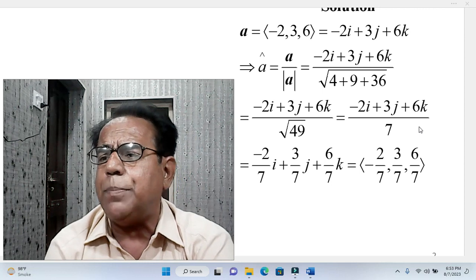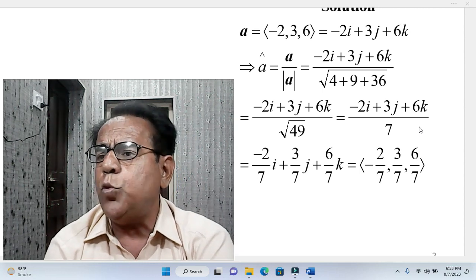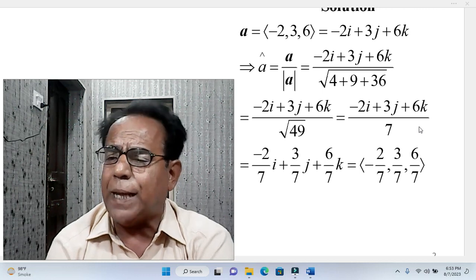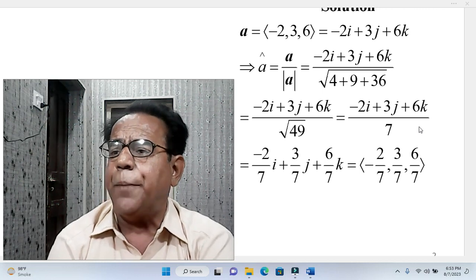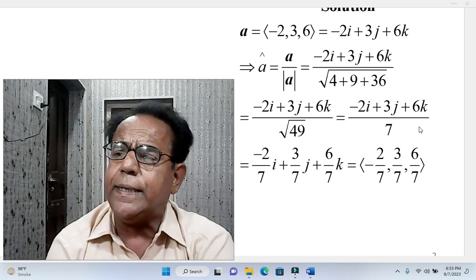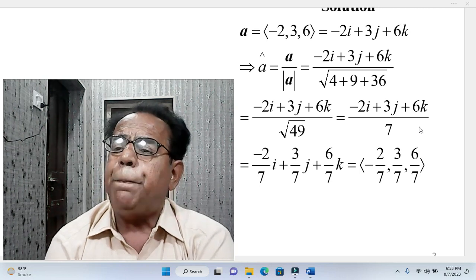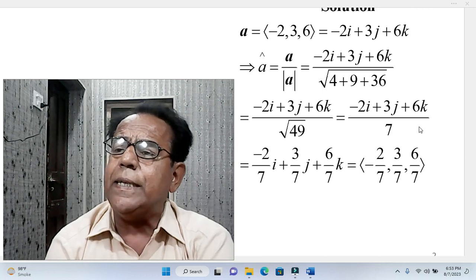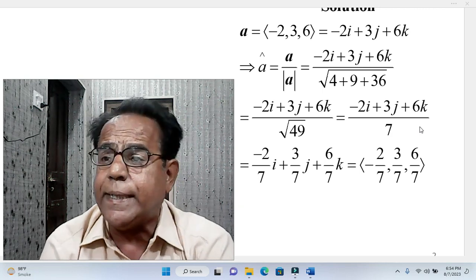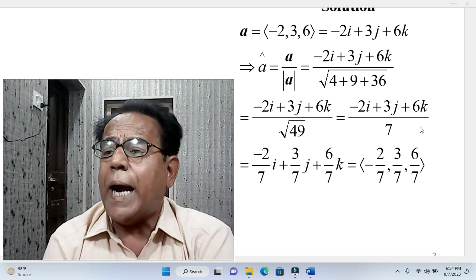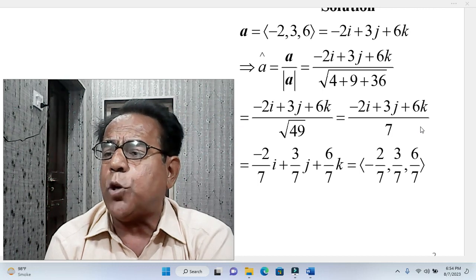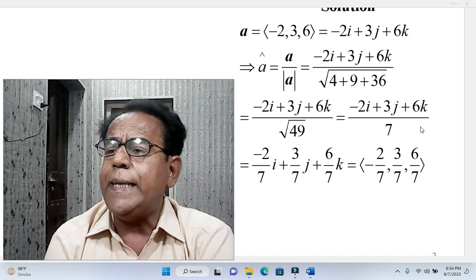Okay, so it becomes equal to -2 by 7 i plus 3 by 7 j plus 6 by 7 k, and in the last we have again converted it into the pattern in which it is given in this statement. Okay, that is, instead of writing it in terms of i, j, k, we have written it in terms of commas within the angle bracket.